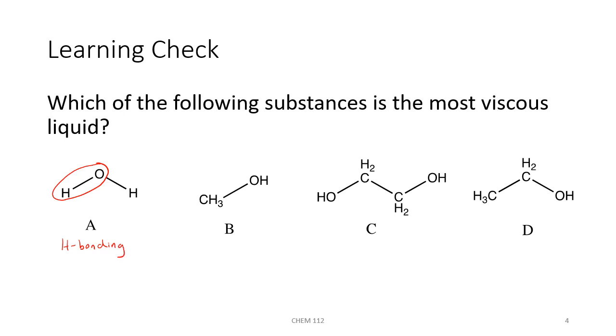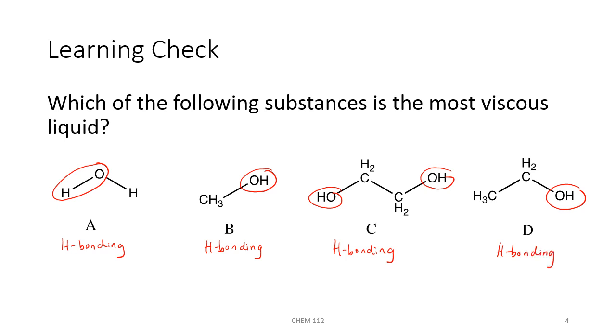In B, we have methanol, and there is also an OH bond present, so this will also have hydrogen bonding. C is ethylene glycol. We have some hydrogen bonds present. And in D, this is ethanol, and in ethanol there is a hydrogen bond present as well.